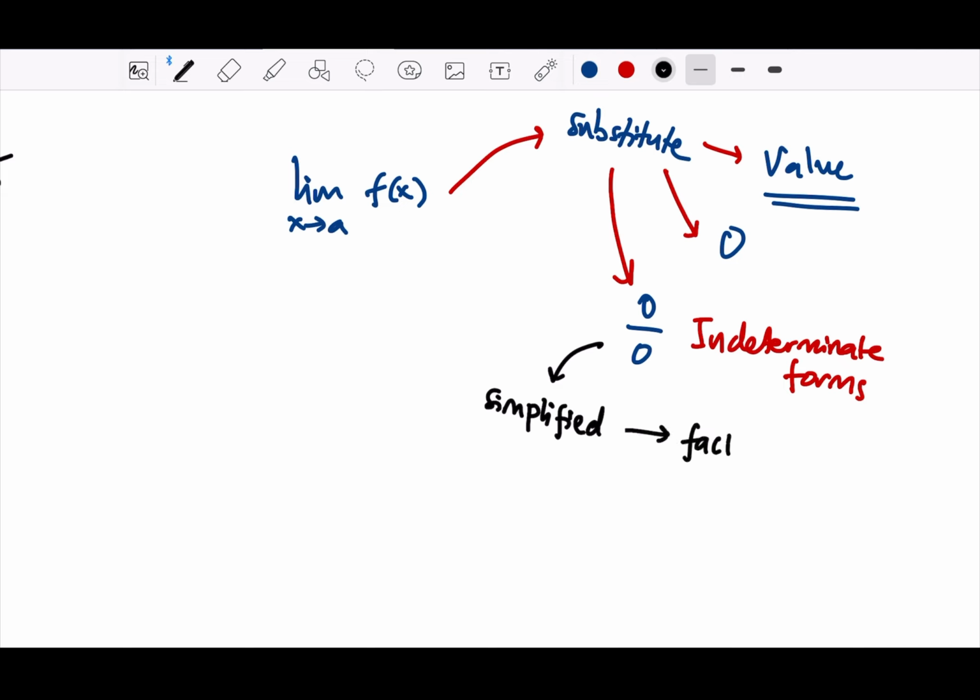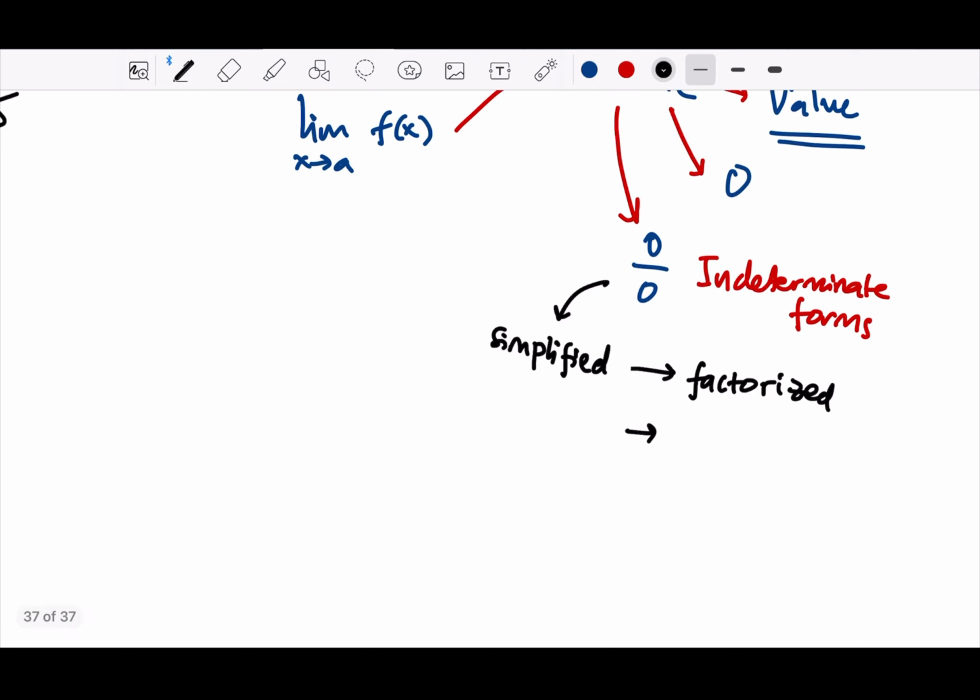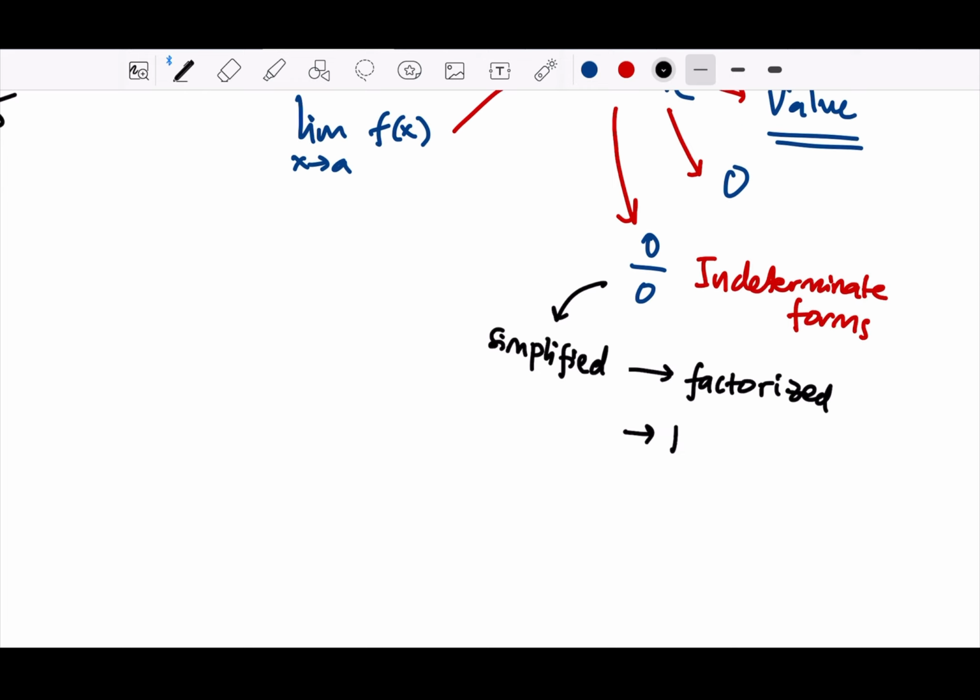First is to factor out or factorize, and then what else? Rationalize, and if it's trigonometric, we can use a trigonometric identity. If we follow these steps, eventually we get some result.